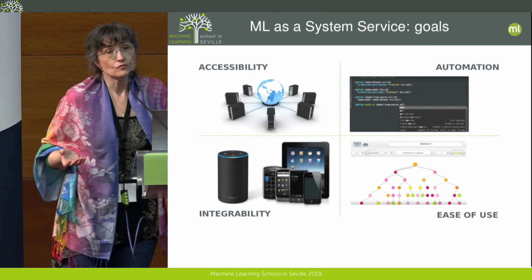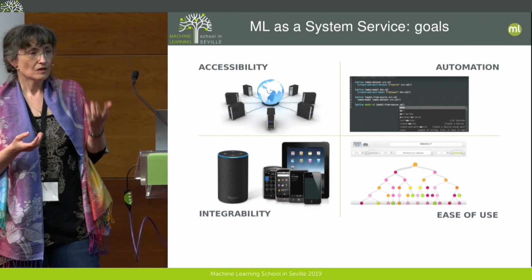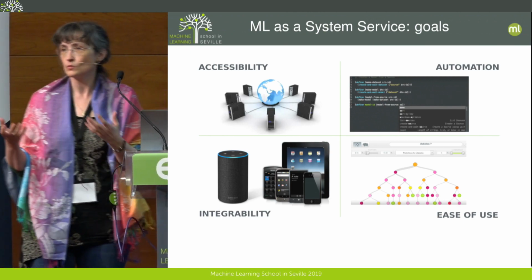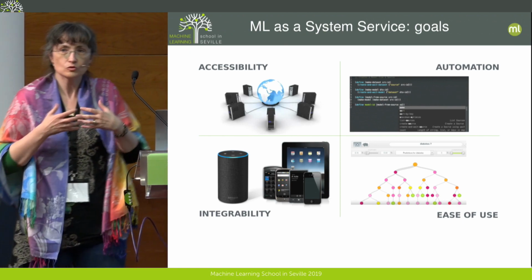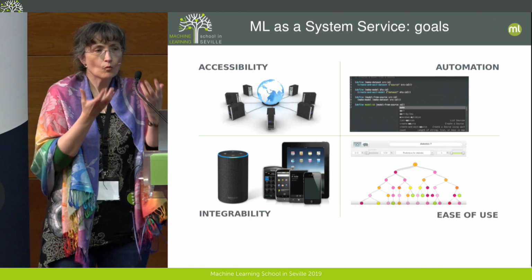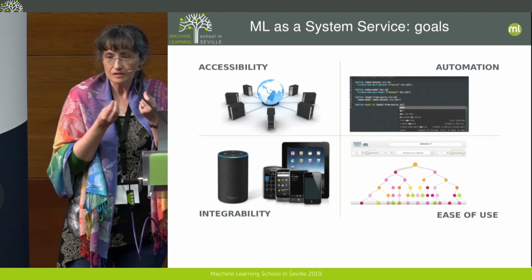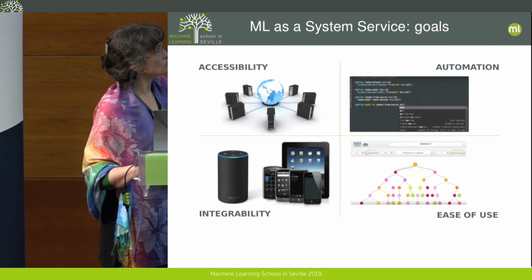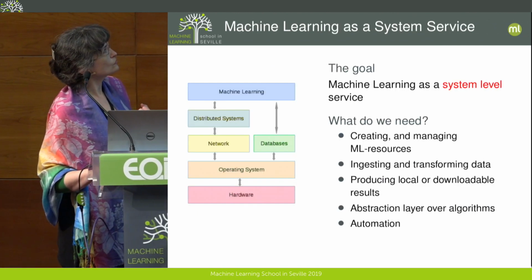And also you need ease of use because finally humans like to see why things happen, why the models predict what they predict. So you need something to show humans what's being built behind the curtains. So these are the ingredients that we wanted to get, to fulfill.